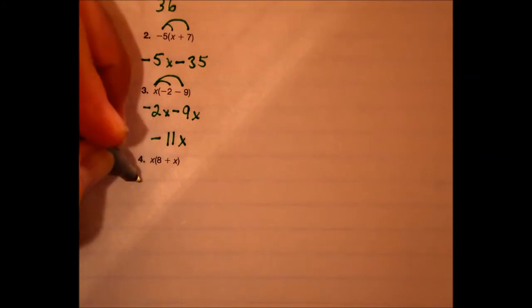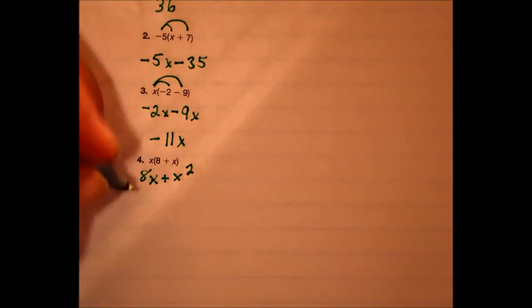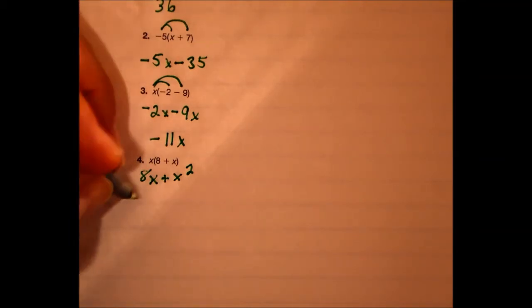And then we get to our last problem, and our last problem is x times 8, which is 8x, and then x times x. Hopefully you remember our rule we just learned, which would be x squared. Now, please remember, when we write this, we want to make sure we always write the biggest exponent first, just like we always want to write our x in front of our b.